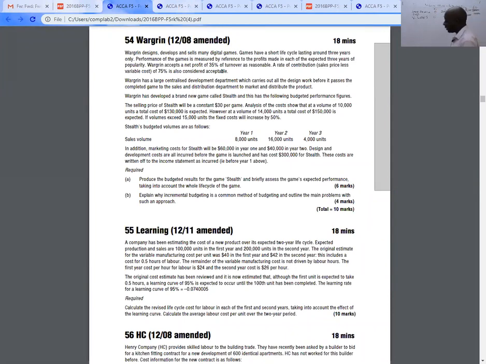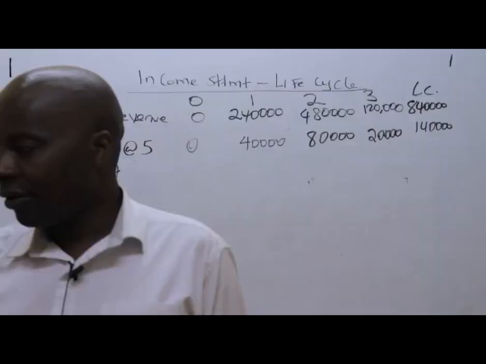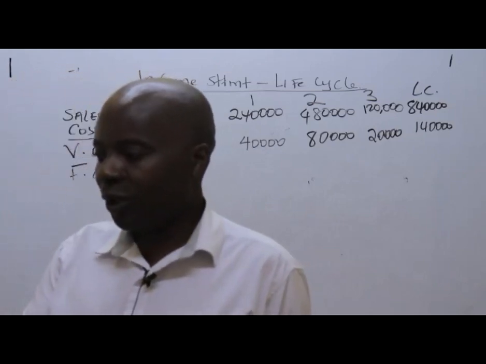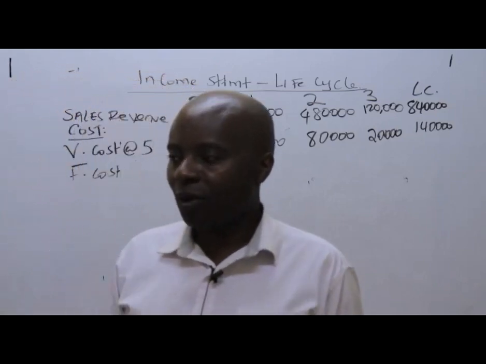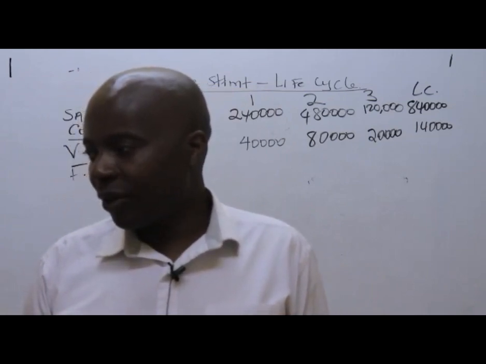From there, ladies and gentlemen, I would want you to come and fix the fixed cost. Could you kindly give me the answer for fixed cost for year 1, year 2, and year 3? What answers do we have there?